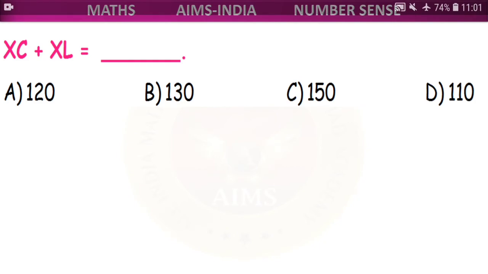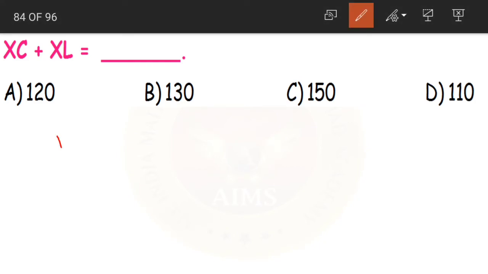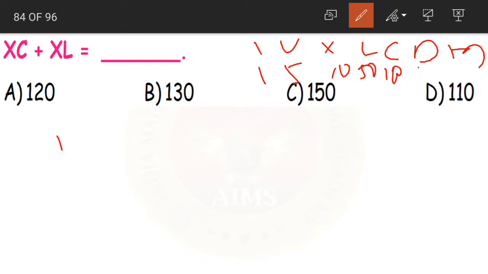XC plus XL is equal to. Again, let us write the Roman chart here. 1, 5, 10, 50, 100, 500 and 1000. Now what do we have? XC. XC means 10 and 100.